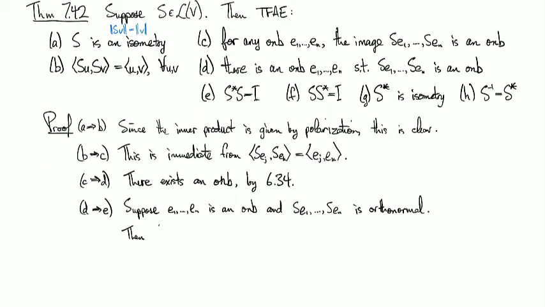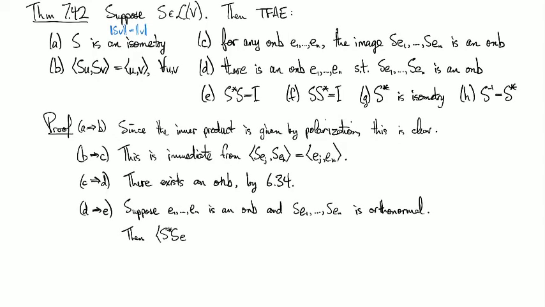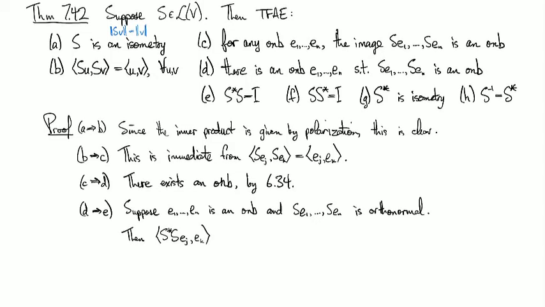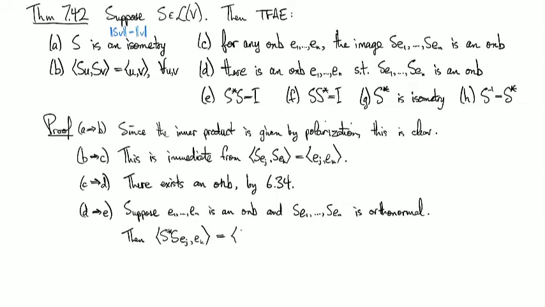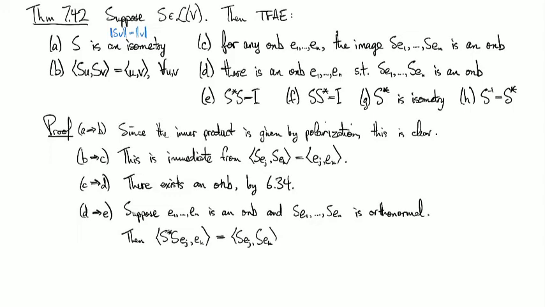Then if we look at S star S applied to EJ against EK in the inner product, I can move the S star over, and then we have SEJ, SEK.